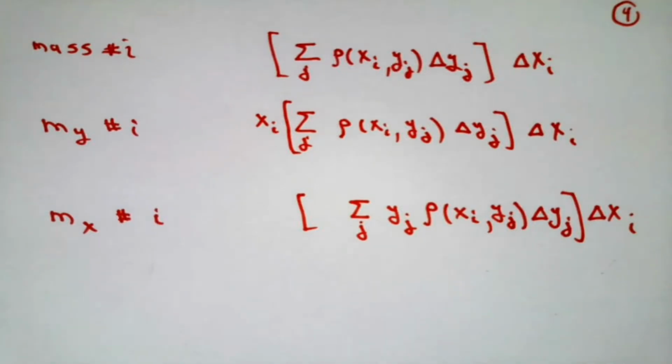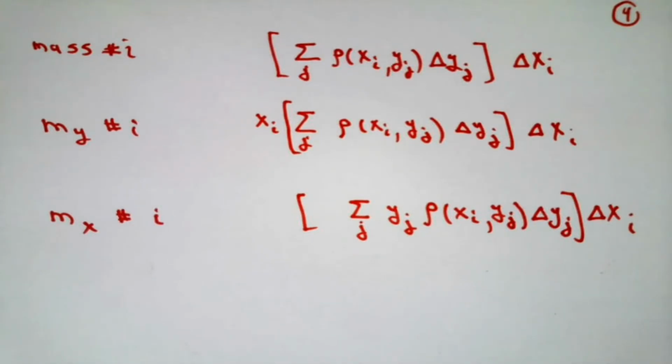So if I allow the delta y's to all tend to 0, the things inside the brackets are going to turn into integrals with respect to y. The xi will still appear, but within the current context, xi is a constant, so I'll just write the xi down again.